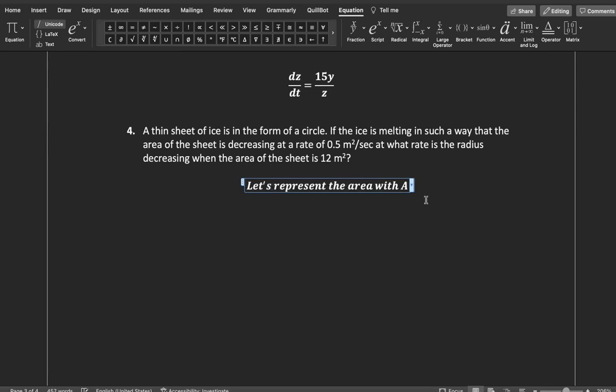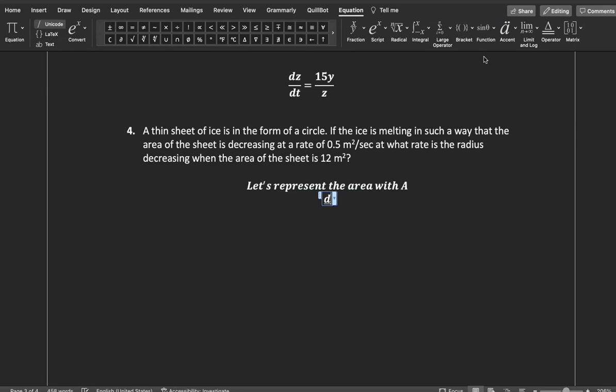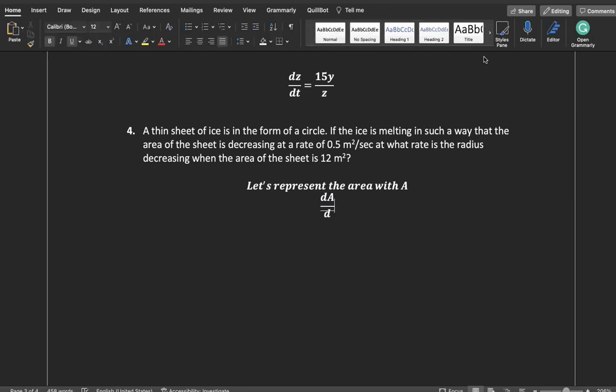So as soon as we do have that, then we know that dA dt is equal to, no, remember decreasing, so minus 0.5 meters squared per second, right?